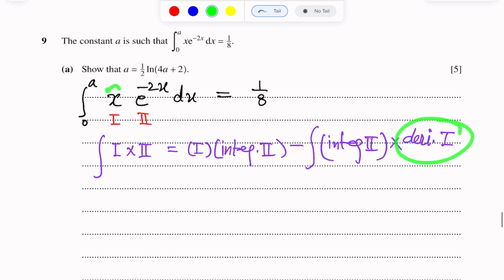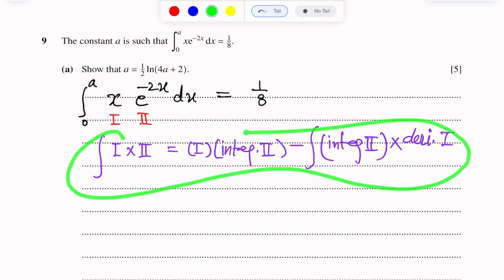We are using here first function x, second function e power negative 2x.